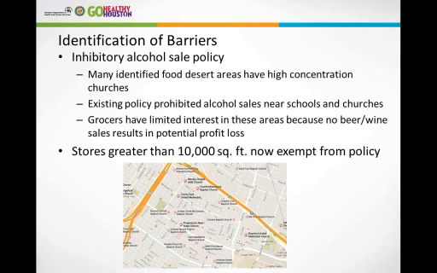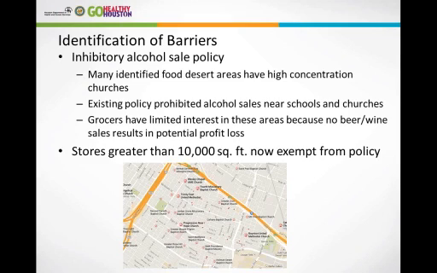So many of these identified food desert areas in Houston have a higher concentration of churches and schools than other neighborhoods. And we also found that grocers have limited interest in not selling beer and wine in these areas and opening just simply grocery stores, because without beer and wine sales, they were concerned about potential profit loss.